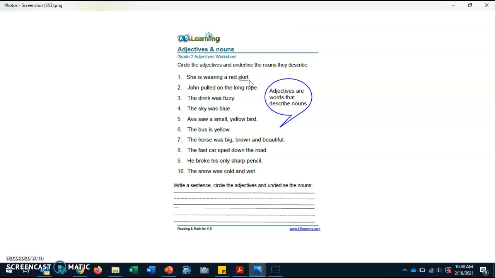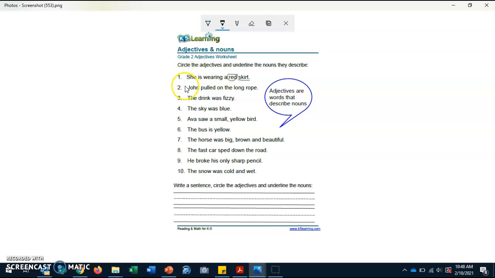So we're going to underline our noun, which is skirt, and then it says circle the adjective. So what about the skirt? It's red. So our adjective here is red. So we are going to circle it. So the skirt is red. That is what they are talking about.